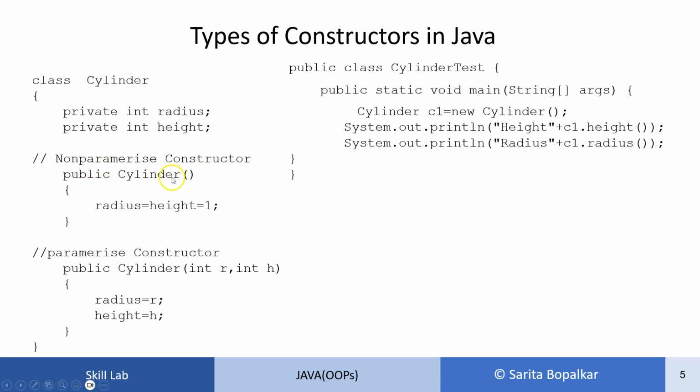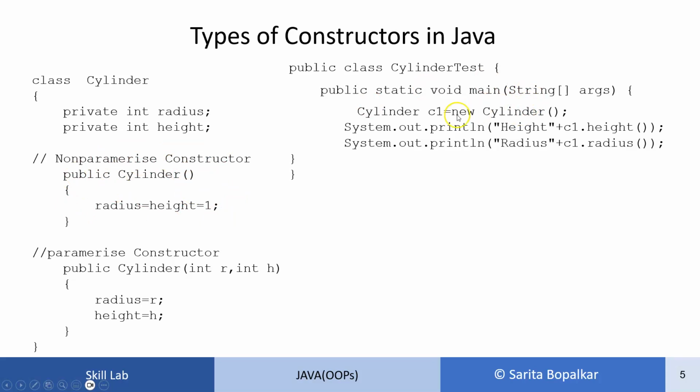Here this default constructor sets the radius and height to 1. So whenever I create the object, its radius and height are set to 1. You can check this by printing its values. Now if I am not writing this default constructor, what will happen?